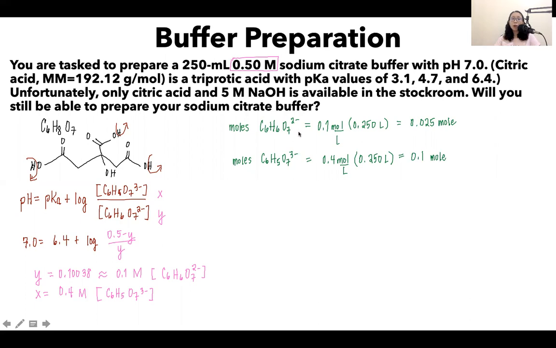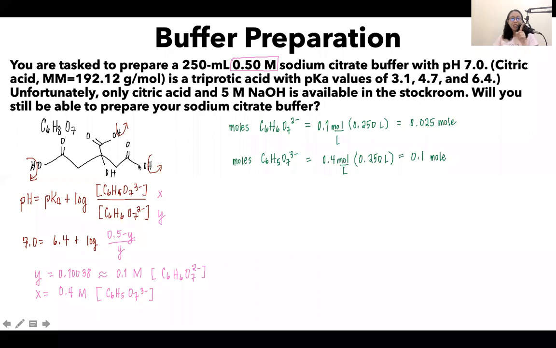These two components will now come from our citric acid. How will that happen? We will use sodium hydroxide. We will use sodium hydroxide to extract protons via neutralization reaction from citric acid.